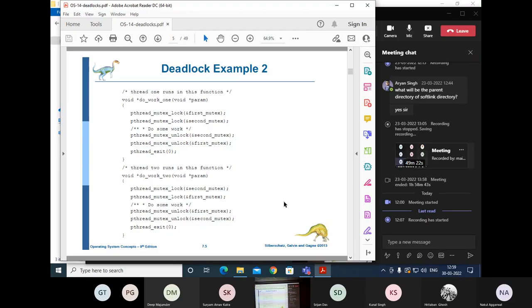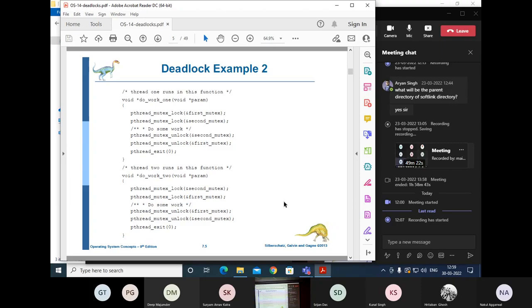The other process first tries to get the second mutex and then the first mutex. Again, you see the same problem. If the first mutex is locked by the first process and the second mutex is locked by the second process, then there will again be a deadlock, because they will continue to wait for each other. So this is what a deadlock is.